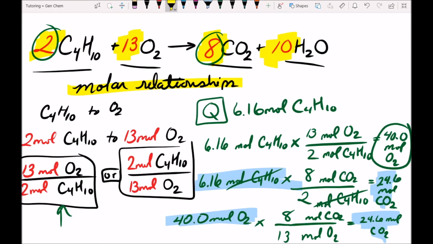Or we could back calculate the amount of reactants if we're given a number of moles of product produced. So for example, we can go from this 24.6 moles of CO2 and see how many moles of oxygen were consumed or how many moles of butane were consumed by using these fractions, these molar relationships, in our calculation.